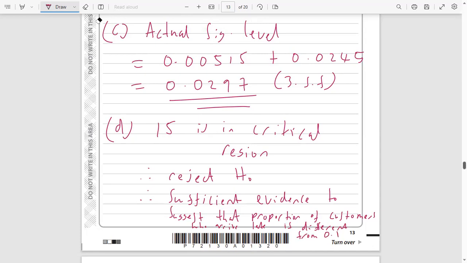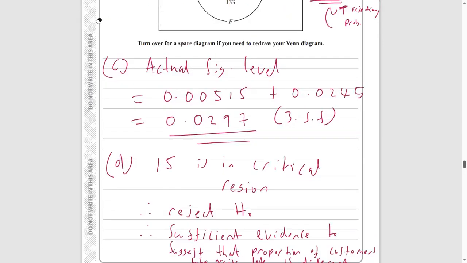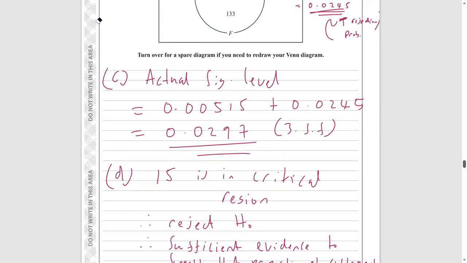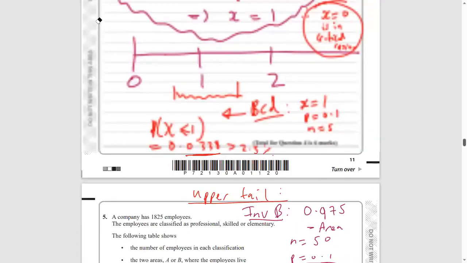So we don't want to say there's sufficient evidence to conclude that the proportion is bigger. We have to stay consistent with the alternative hypothesis and say that there is sufficient evidence to suggest that the proportion of customers who arrive late is different, because that's what we're testing. We're testing whether the proportion is different. We got 15 customers arriving late, which is in the upper end of the distribution, as we can see from the critical region.